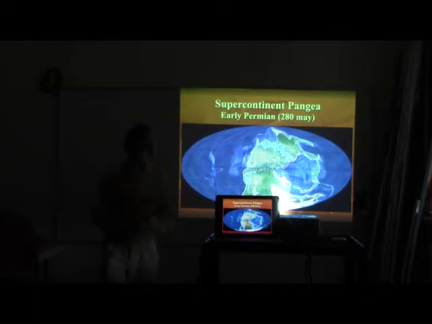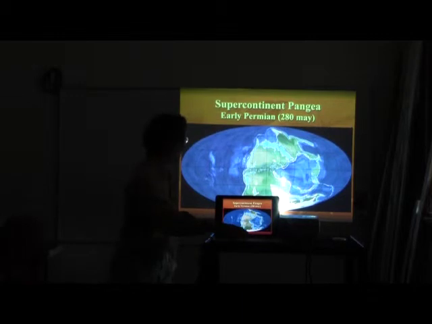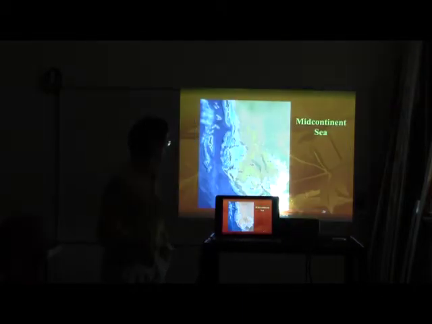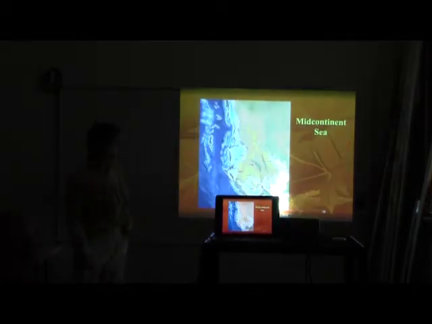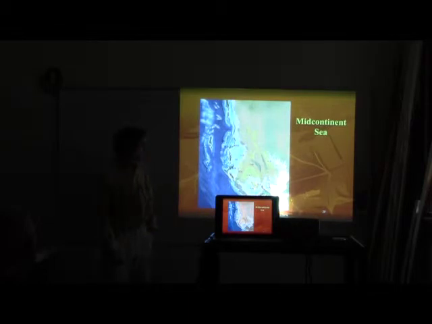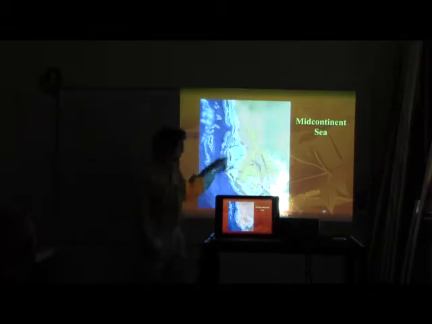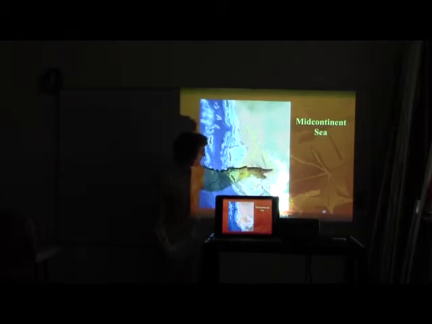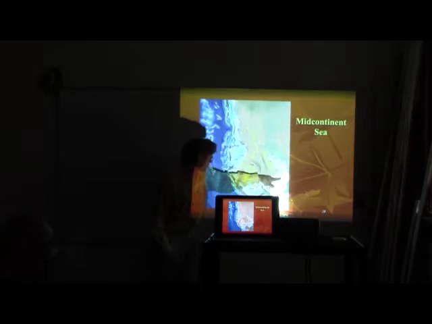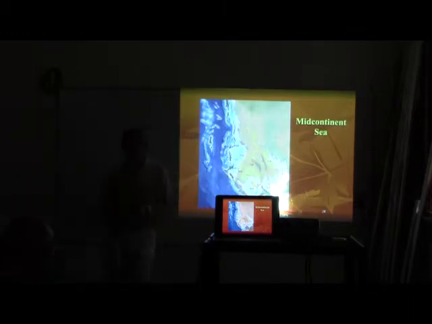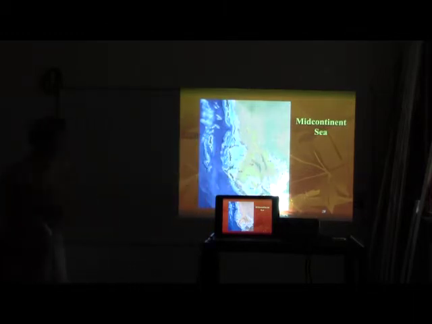So this was an ice age in which the southern part of Pangaea was glaciated. And here's a blow-up reconstruction of what would have been western Pangaea at the time. Here is Kansas, and notice we have this sea here that is occupying part of Kansas.